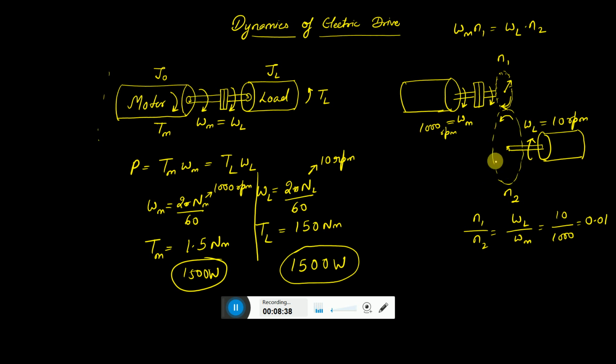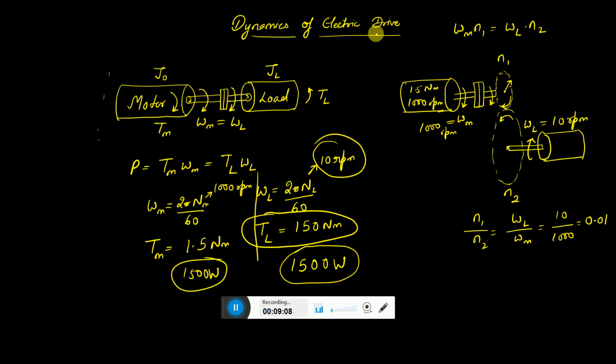So if I can have a gear arrangement in this fashion, we can obviously achieve the desired value of the load speed and desired value of the load torque with the help of a motor having a rating of 1.5 Newton meter and 1000 rpm. So that's the reason for using a gearbox over here.